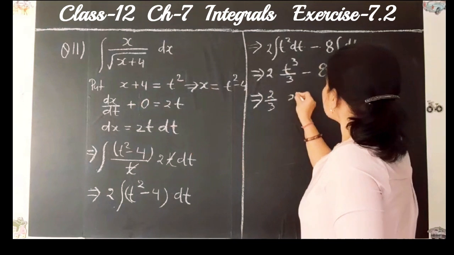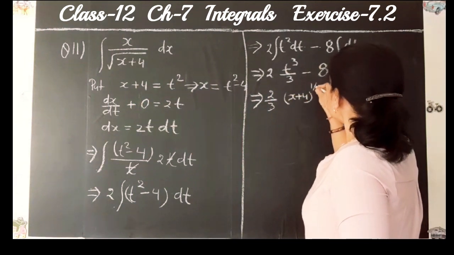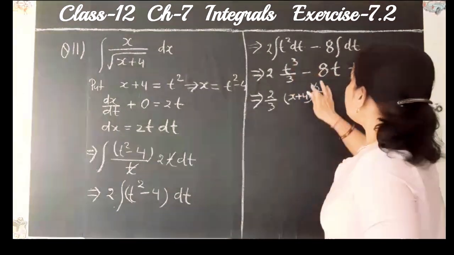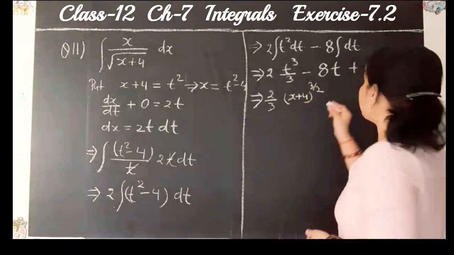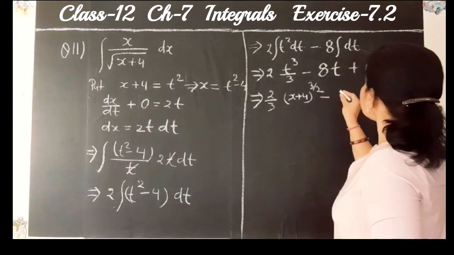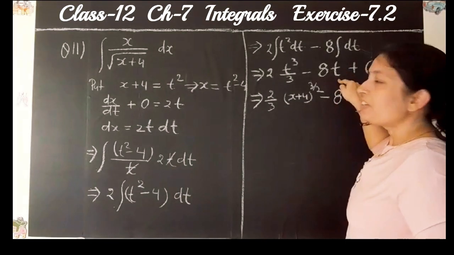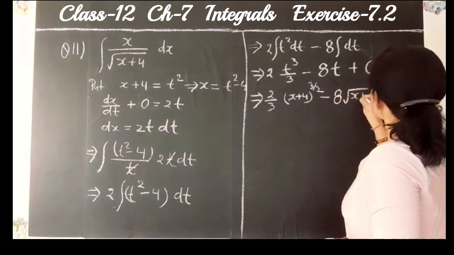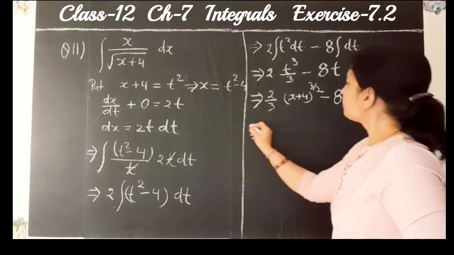So write here x plus 4 to the power 1 by 2, but it is given power 3, so it becomes 3 by 2. Power of a power will be multiplied. Then minus 8, and in place of t we can write square root of x plus 4, plus a constant c.